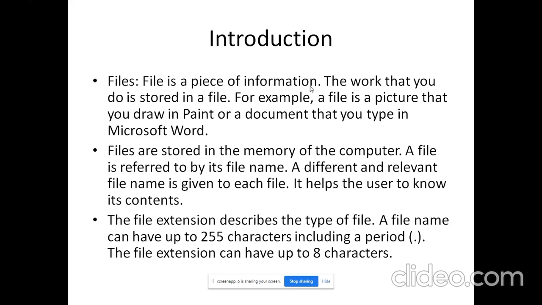The work that you do is stored in a file. For example, a picture that you draw in Paint or a document that you type in Microsoft Word. Whatever you draw in Paint or type in Microsoft Word or Notepad is a file. It is an example of a file.